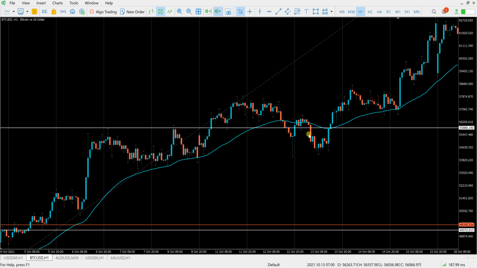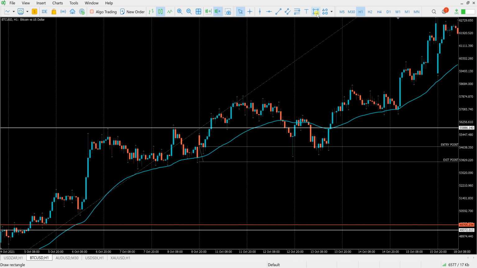For a buy limit, this is where you will come to set your order, at this very point. The market rose up to this point and you expect it to drop down to this place before it continues to rise. So you come here and set your limit order.